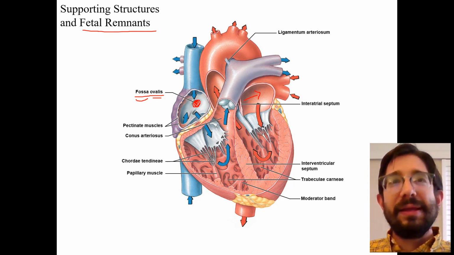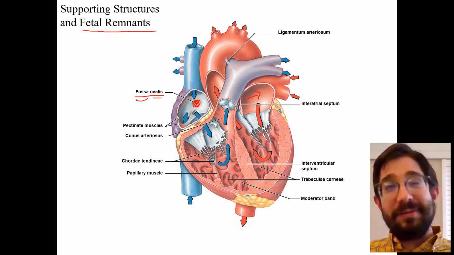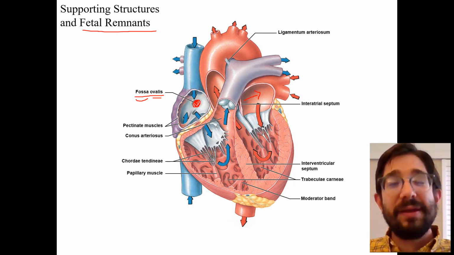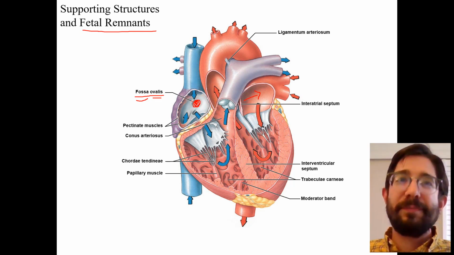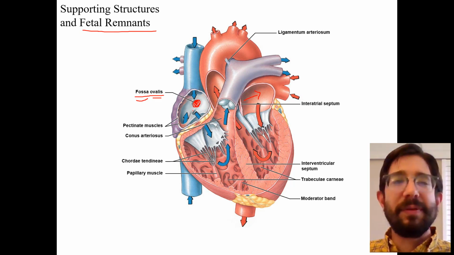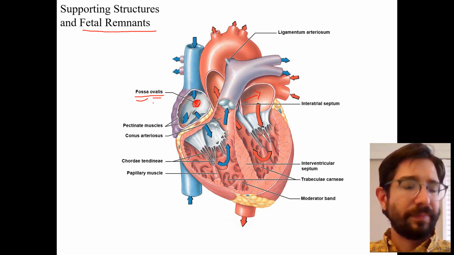Now, it sounds pretty magical, and it is, except that it doesn't always seal up quite right. So that's one of these common congenital birth defects, is to have this closure not completely seal up. But when it works, it happens very immediately, very well, seals up, and all we have left is a fossa ovalis.